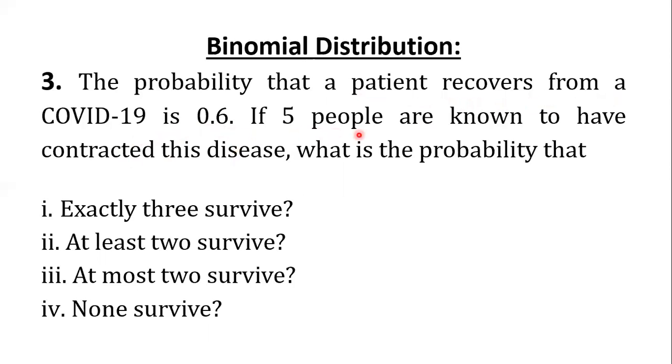If 5 people are known to have contracted this disease, what is the probability that Roman 1, exactly 3 survive, Roman 2, at least 2 survive, Roman 3, at most 2 survive, and finally Roman 4, none survive.